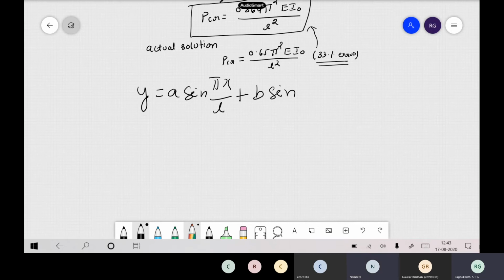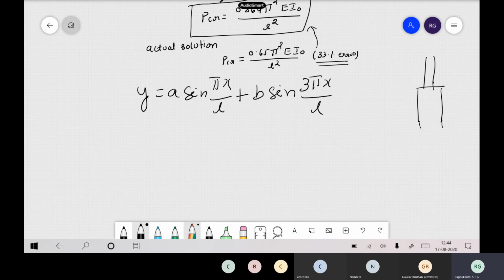Because there are 3 sections, very excellent. If the stepped column had only 2 sections, then maybe you could go for sin 2 pi x by L. But here you have 2 junctions. You can try 2 pi x by L also, but you will see your solution is not going to improve. You followed, right?